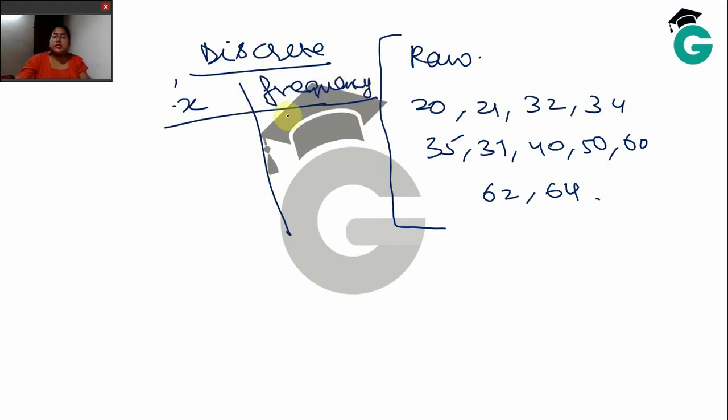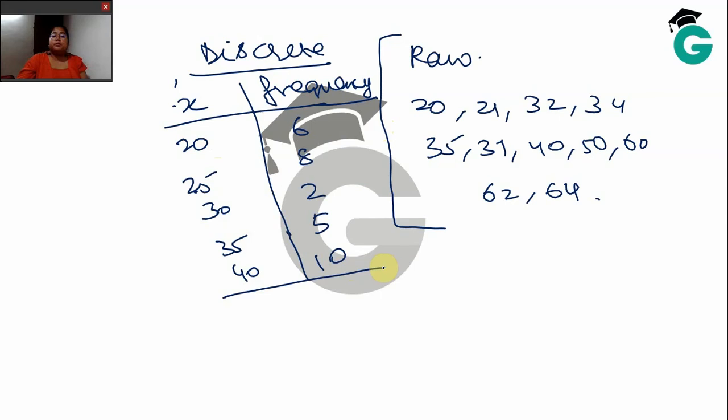So this is telling you, for example, if you talk about cake cooking times, then I'm saying that 20, 25, 30, 35, 40, and let's say you have something like 6, 8, 2, 5, and 10. So I'm saying that 6 people are taking 20 minutes to cook their cake, whereas 10 people are taking 40 minutes to cook their cake, and so on and so forth. This is a form of discrete data.